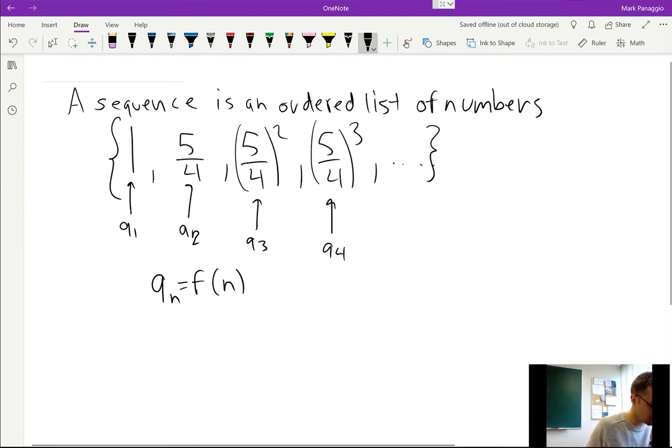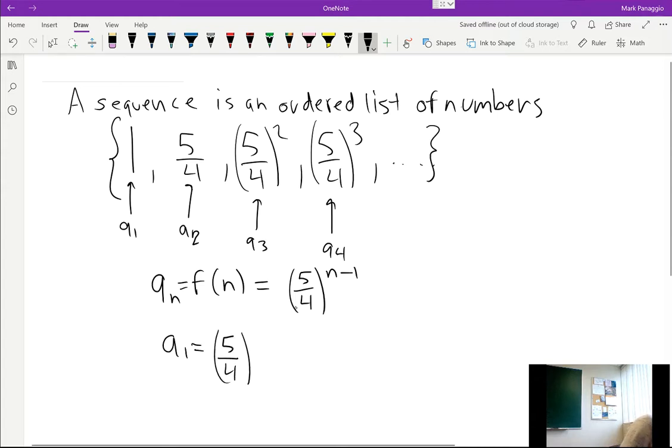So in this case, there's a very simple rule that can be used to calculate these terms. a_n is actually just 5/4 raised to the power of n minus 1. And you can see that when you plug in 1 to this formula, you get 5/4 to the 1 minus 1, which is just 5/4 to the 0, so 1.